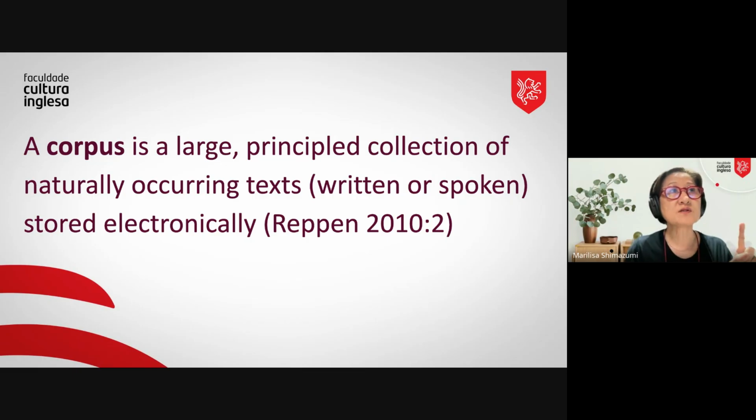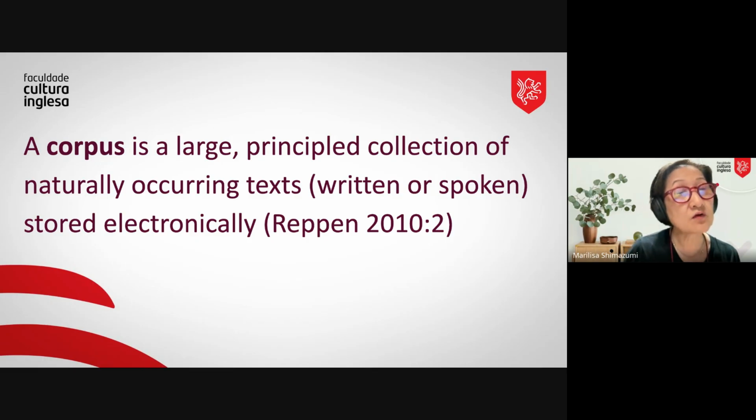So principled collection of texts means a collection of texts based on very specific criteria, or a set of criteria. And it's large, it's huge. I'm going to share with you one quite common, very much used corpus, and you can use it because it's free of charge. So corpus is a collection of texts, written and or spoken.